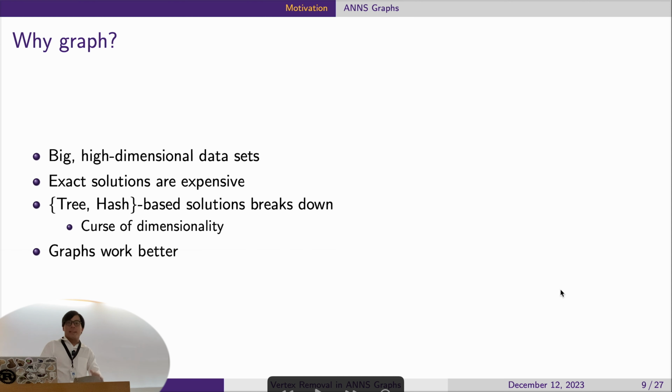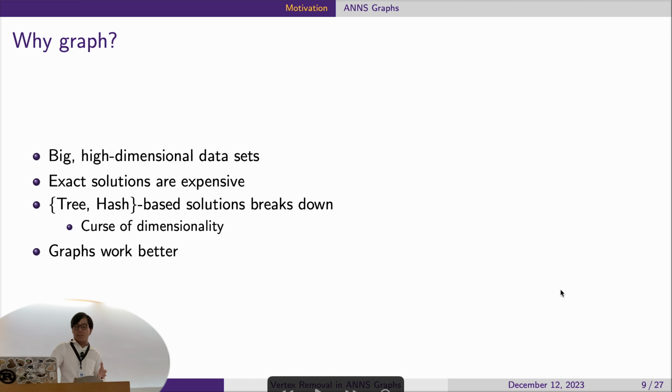The next thing is, why do we bother with graph data structures for nearest neighbor search? Big and high dimensional data sets have become a lot more common, something along the lines of vectors of 100 or more dimensions. Exact solutions are really expensive.